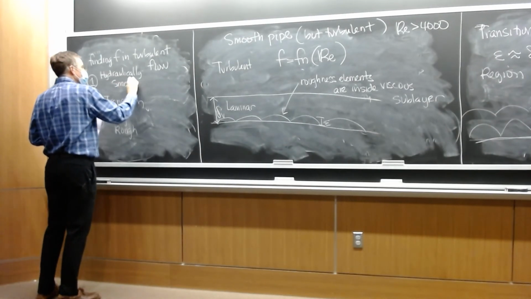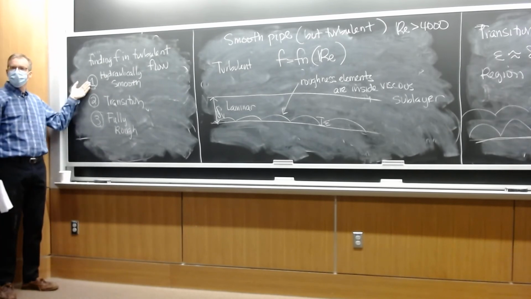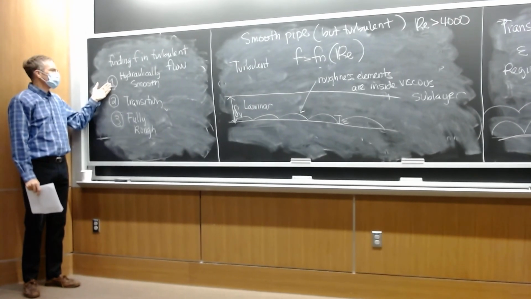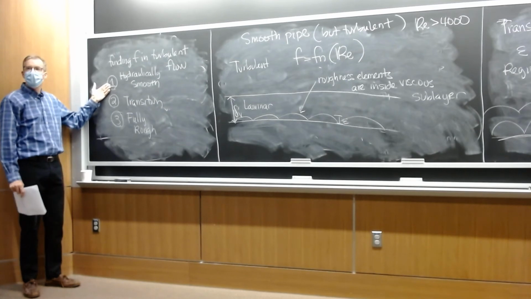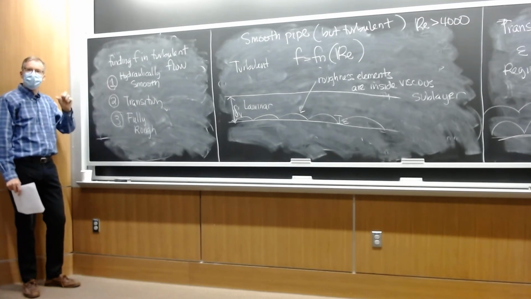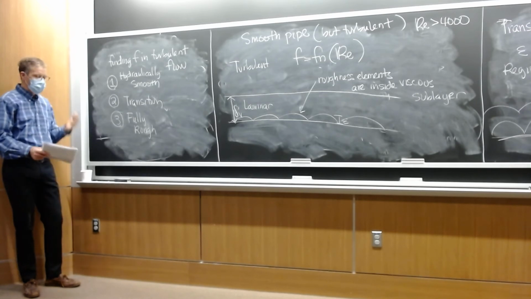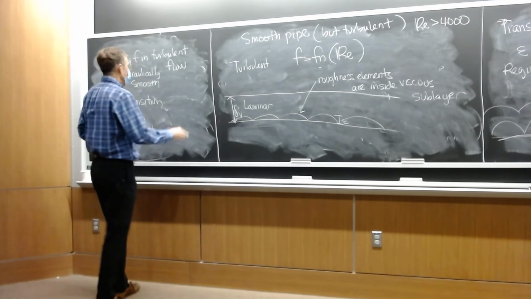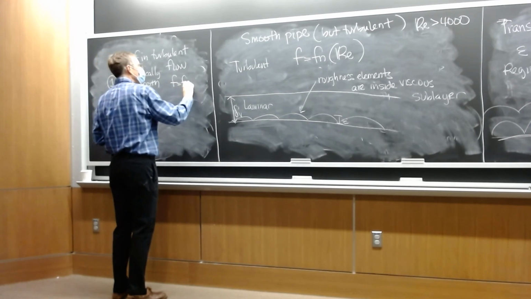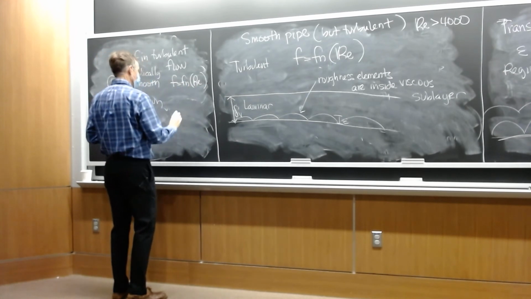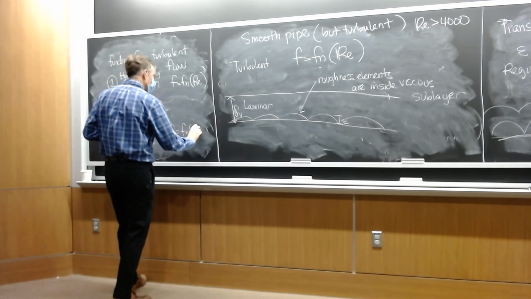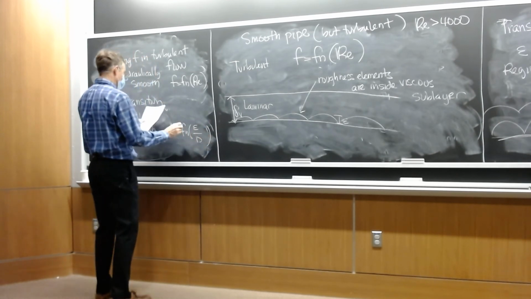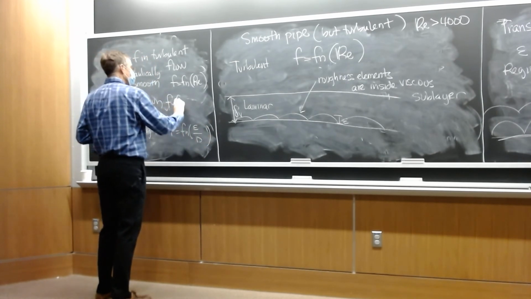And the term hydraulically smooth is used because it means it's not so much that the pipe is smooth, but for the purposes of this particular case, it's smooth enough that the effect of changing the roughness isn't important. So like we said, it's only a function of Reynolds number. Here it's only a function of relative roughness. Here it's a function of both.